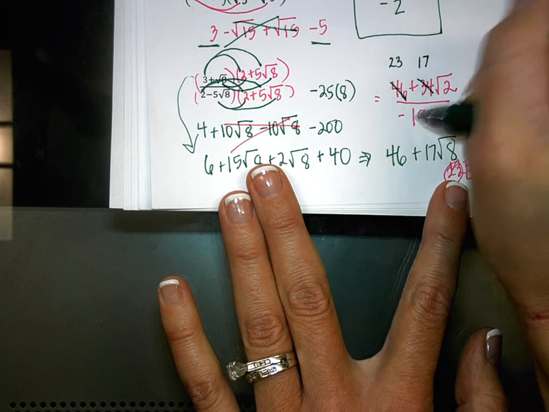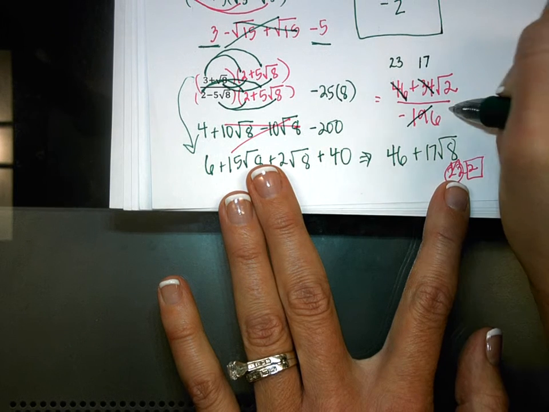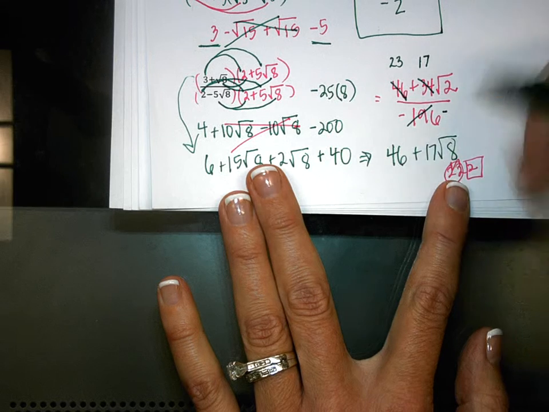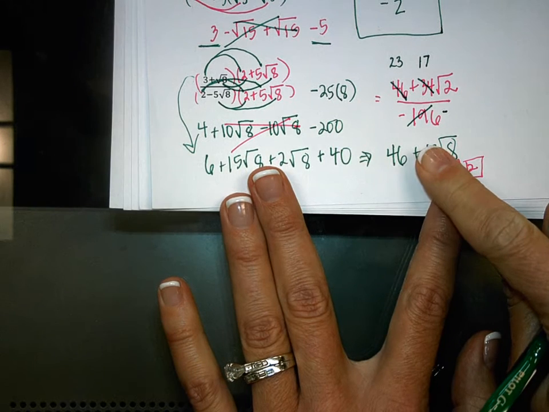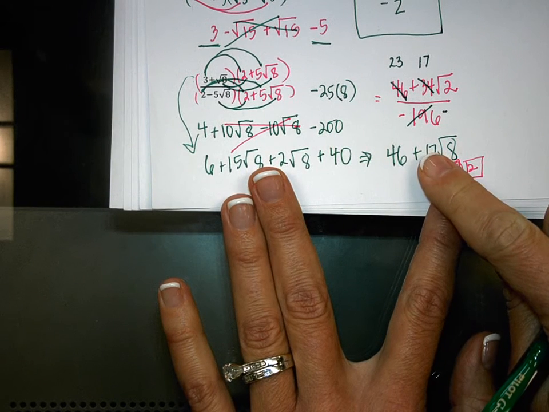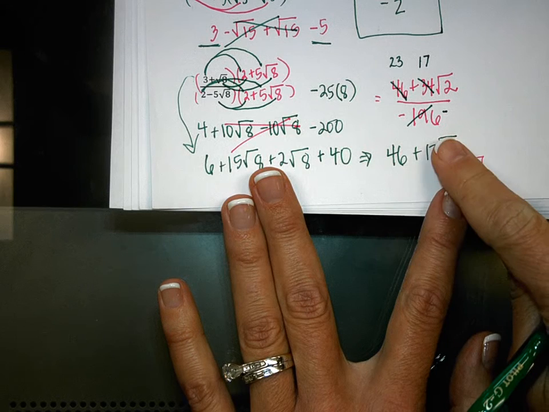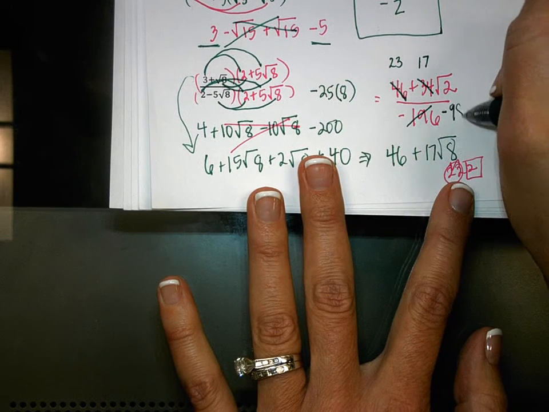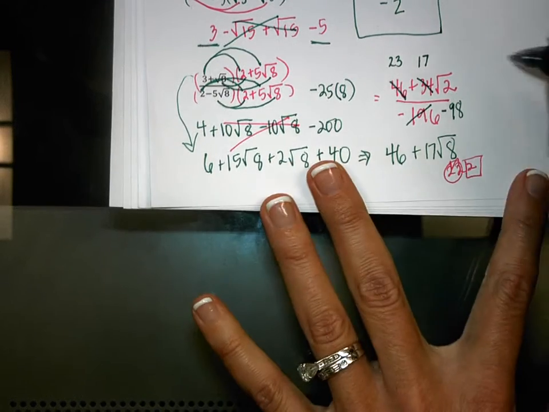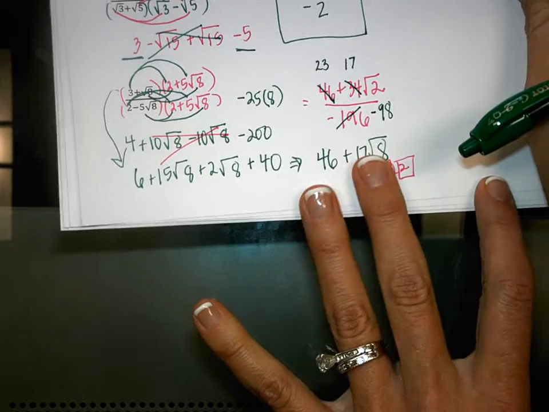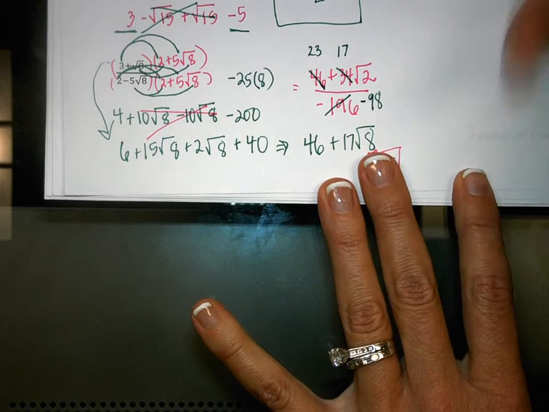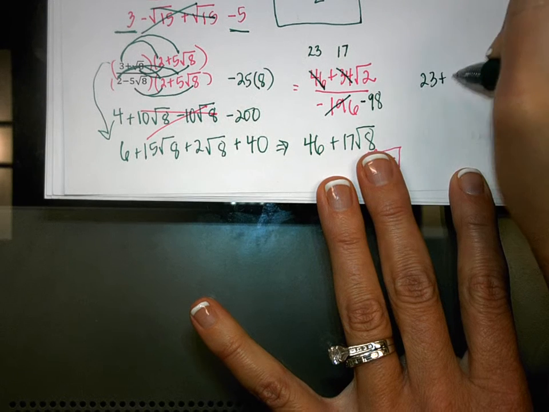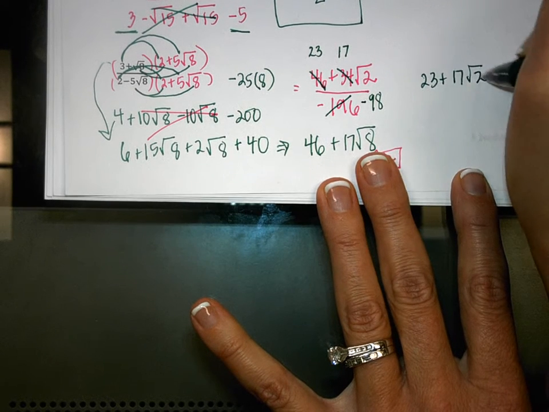And negative 196 divided by 2 is? So half of 100 is 50. Half of 196 is 98. It's negative 98. So the final answer? 23 plus 17 root 2 over negative 98.